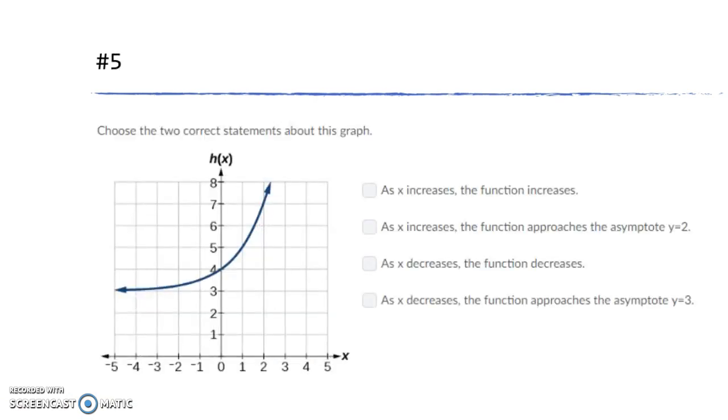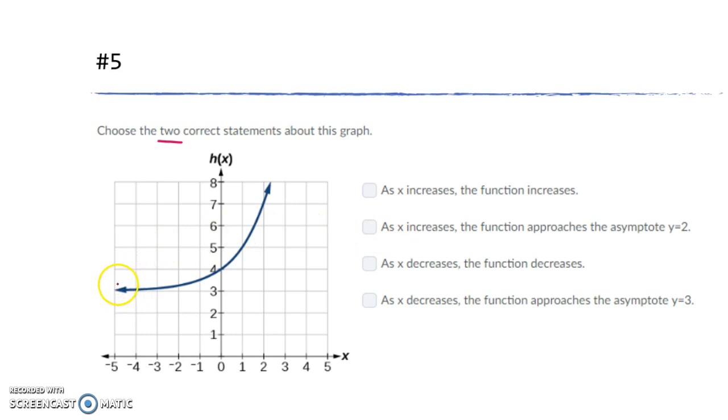The last question, number 5, says choose the 2 correct statements about this graph. So I know that only 2 of the choices are going to be correct, and let's go through and narrow them down. These first two options both say as x increases, so I can go ahead and take care of those right away. If my x values are increasing, that means I start on the left and I move to the right.